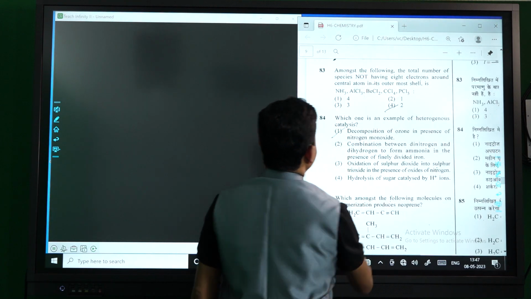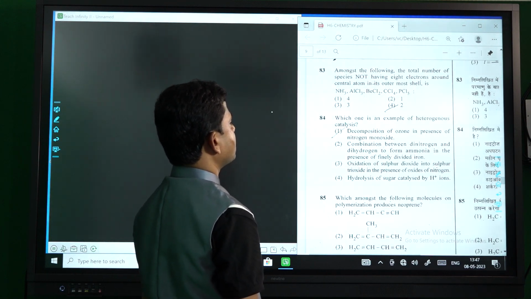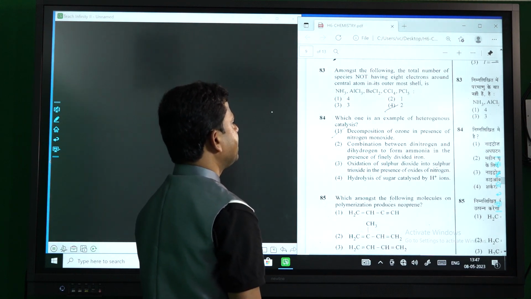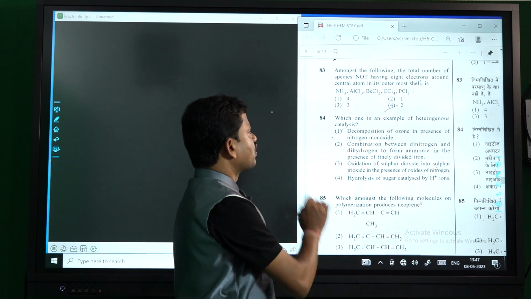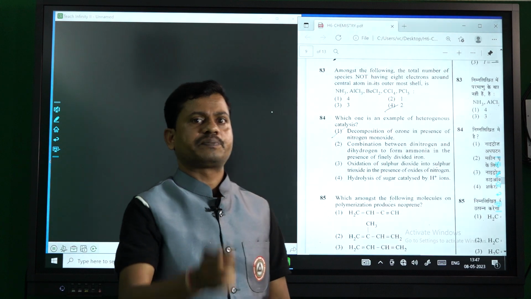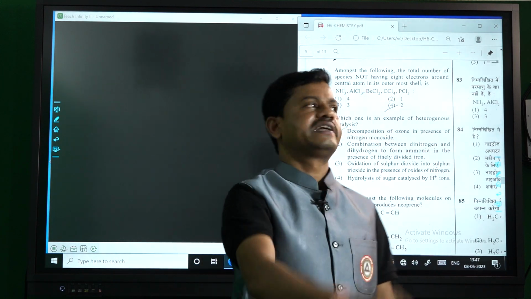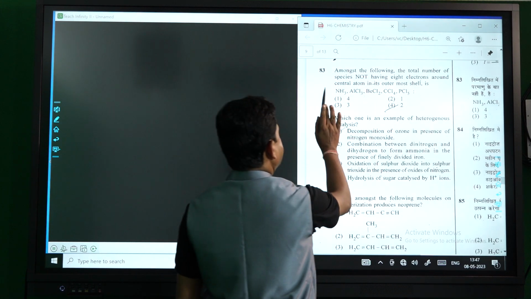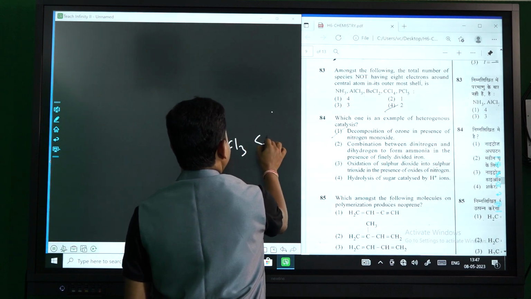Now question number 83. Among the following, the total number of species not having 8 electrons around the central atom. That means, dear students, remember that not having 8 electrons means a possible case: either less than 8 electrons or more than 8 electrons. In that point of view, NH3, no. AlCl3, less than 8 electrons.